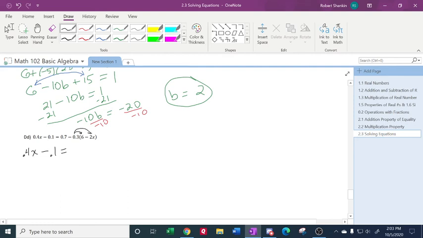I'm not going to write plus a negative, but I'm going to treat it like it was that way. So this is going to be 0.7, and then minus, now a little timeout, 6 times negative 0.3. If I had to multiply these two things out together, what you do is you ignore the decimal.